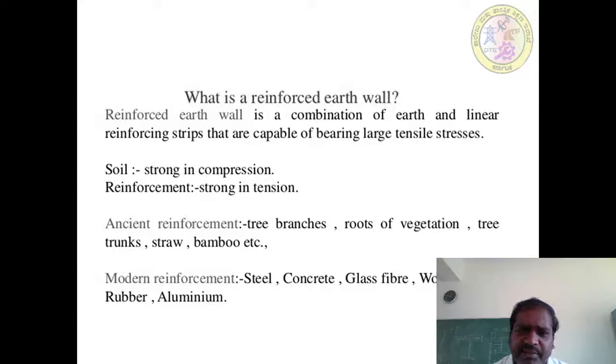These are the ancient reinforcements. Historically, in 1966, 1970 they used components like traditional benches, roots, bamboos, and for modern reinforcement we are using nowadays steel, concrete, glass fiber, wood, rubber, aluminium. There are so many materials used for modern reinforced earth structures.